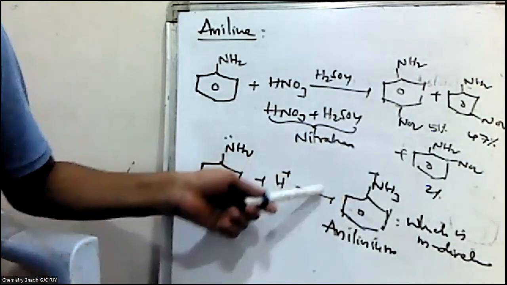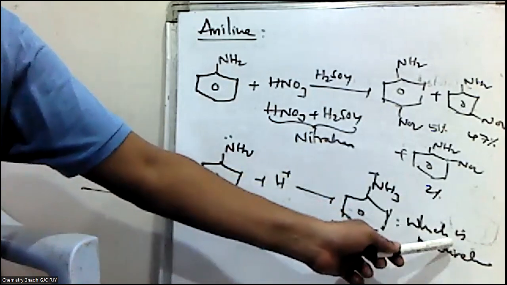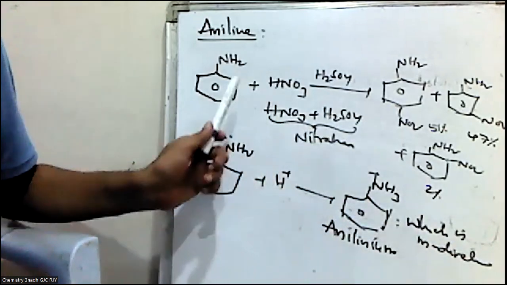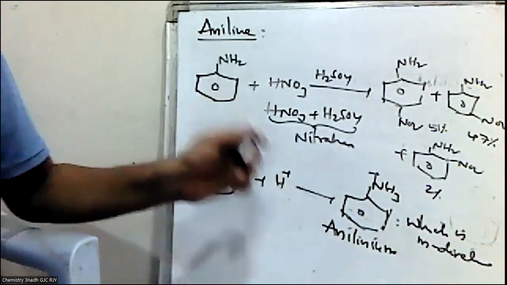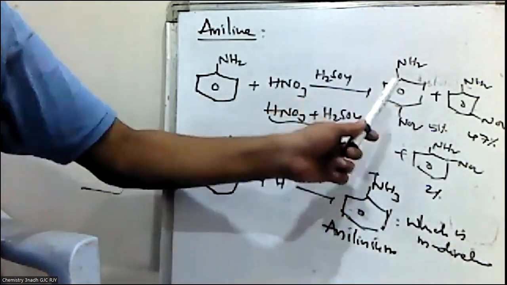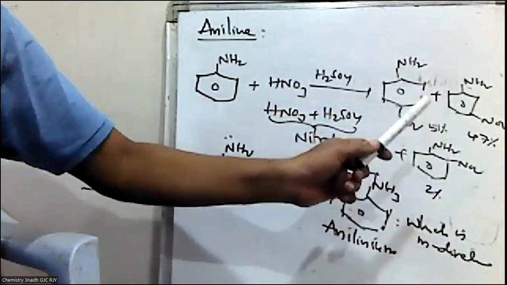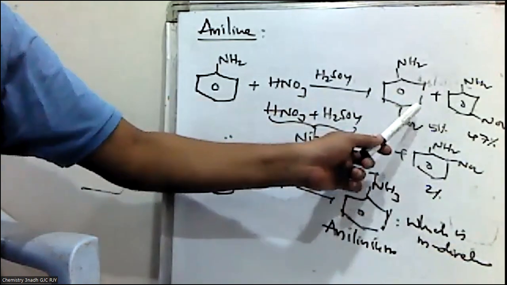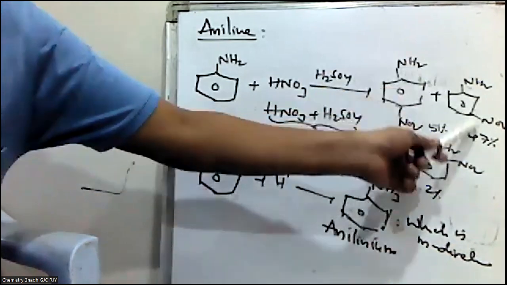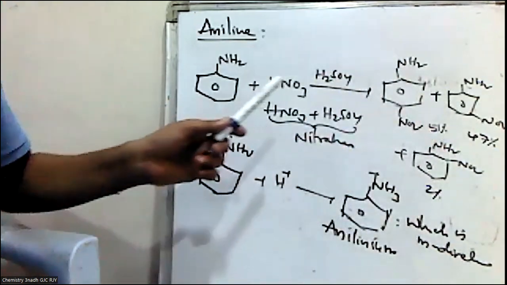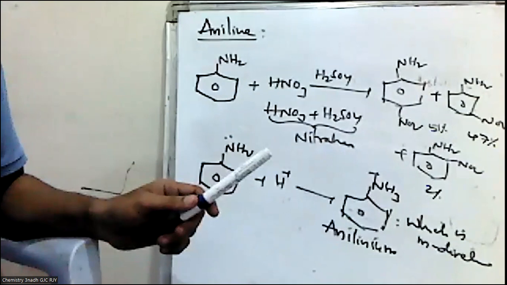This anilinium ion is a meta-directing group. That's why we are getting 51% para-nitroaniline, 47% meta-nitroaniline, and 2% ortho-nitroaniline.